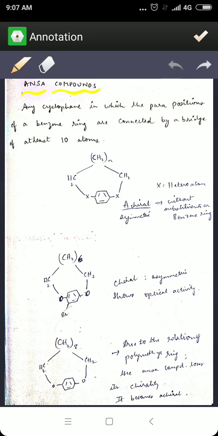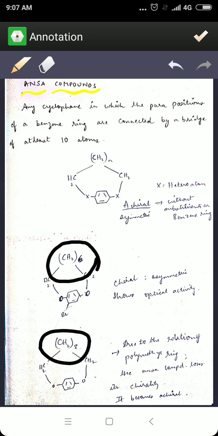Now there is one more concept we should consider, that is the number of methylene groups attached to the heteroatoms. When there are more methylene groups, that is when N is equal to 8, the methylene ring can rotate along the benzene. It can keep rotating because the length of the methylene chain is large.